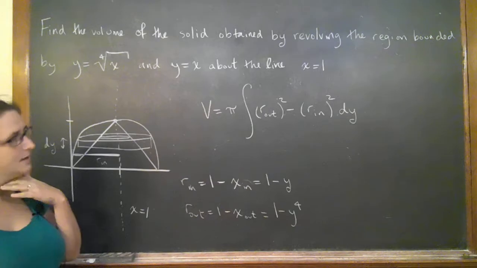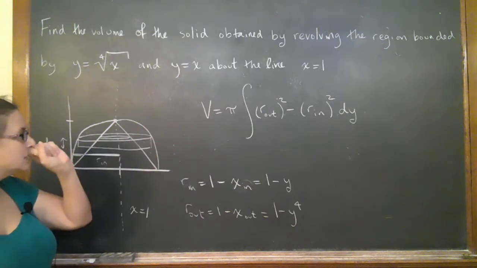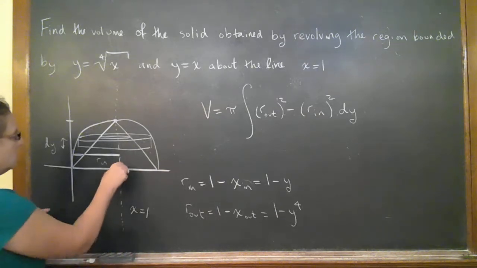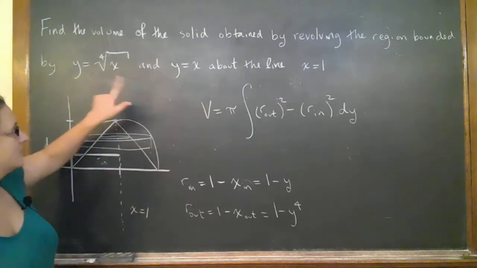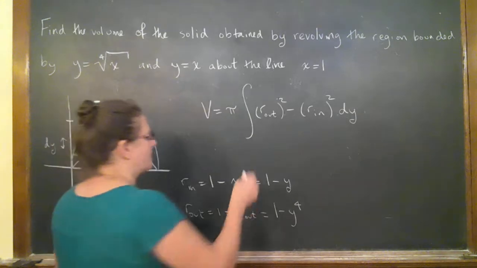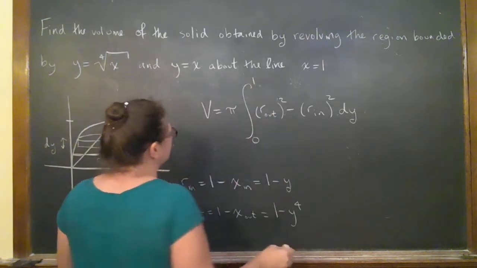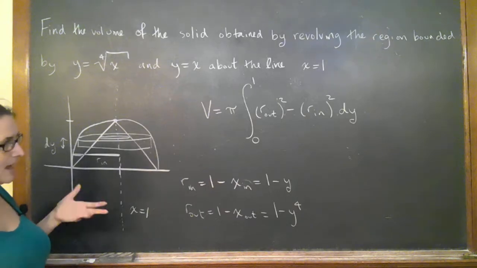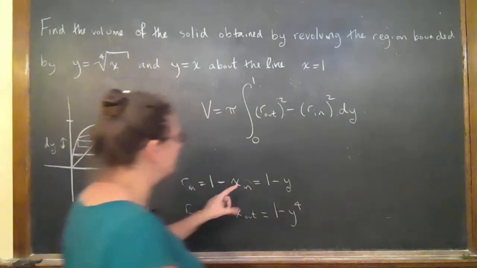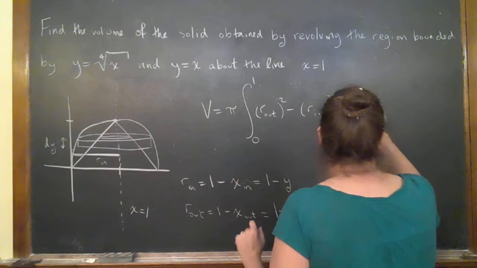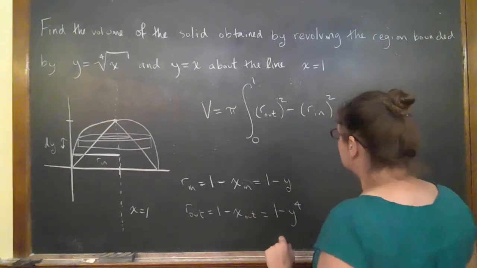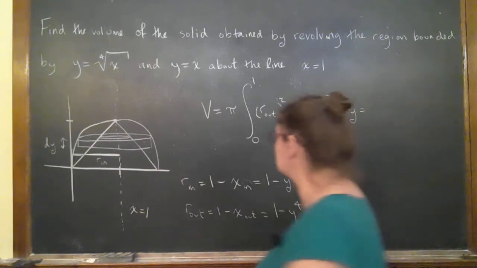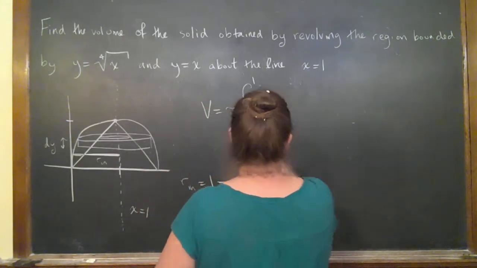Now I still need some limits. The limits are from 0 to 1. That's, of course, where these two are going to cross. So it's (0, 0) and (1, 1). So the limits look the same whether it's in x or y. So I put this in here.